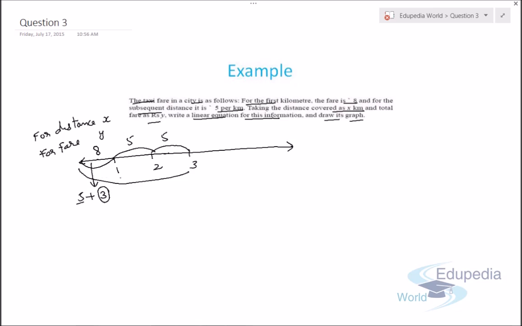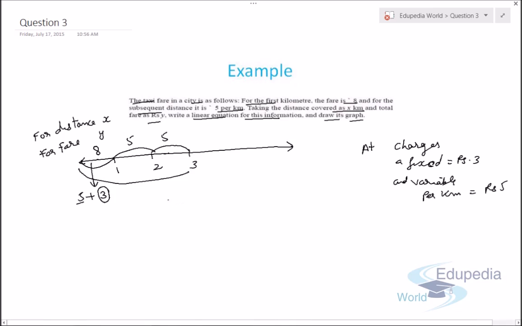Means, suppose you hire a taxi, then at the time of hiring it automatically charges a fixed part of rupees 3, and a variable part, or we can say per kilometer, it charges rupees 5. So how can we make a linear equation for this?